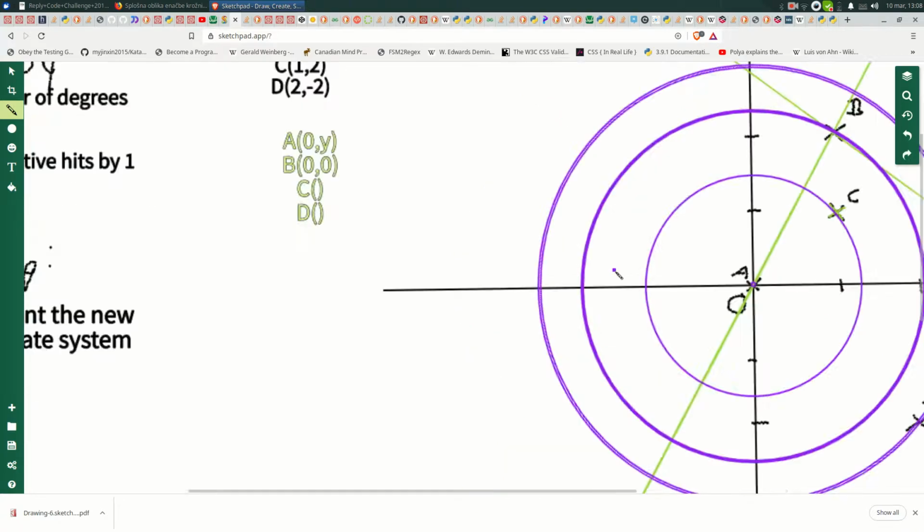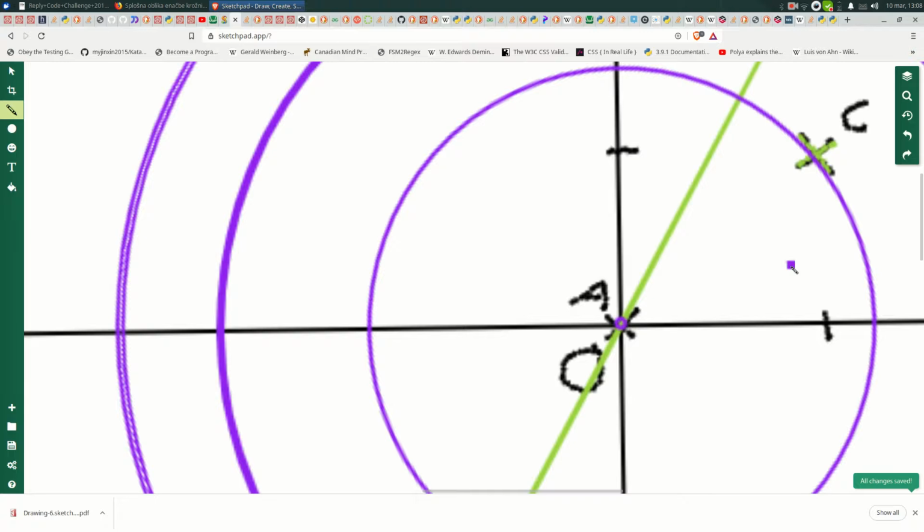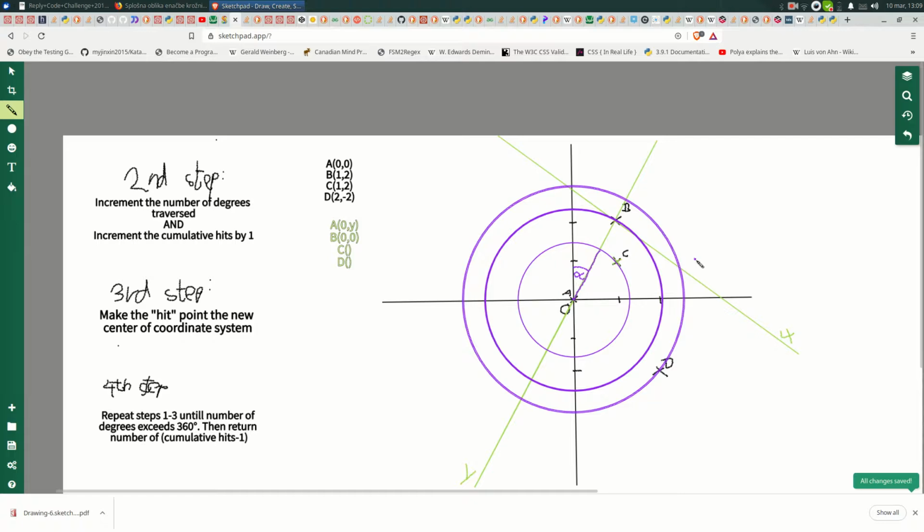We go with that angle. We got A. So nice one, we got A thingy. And move B to there.